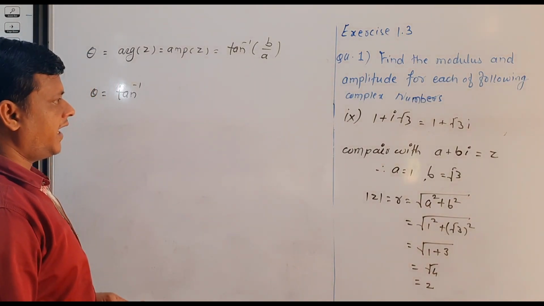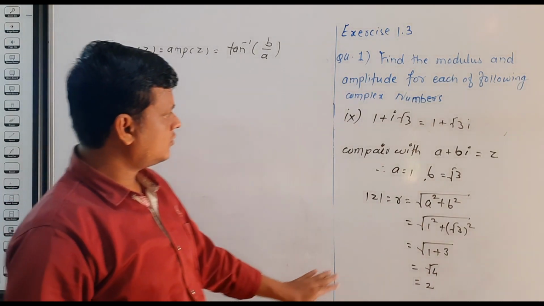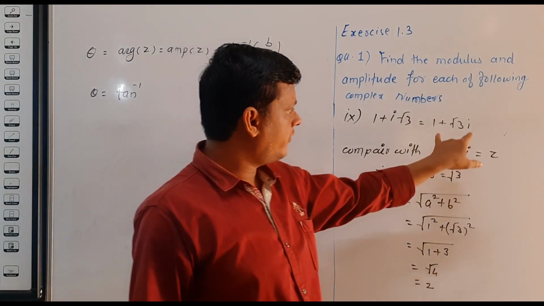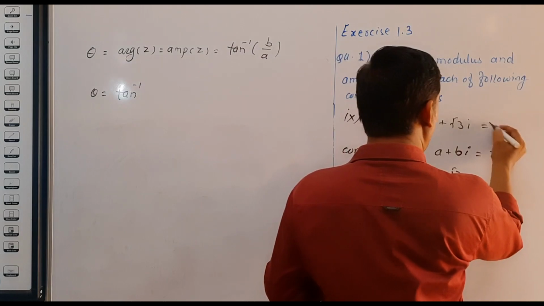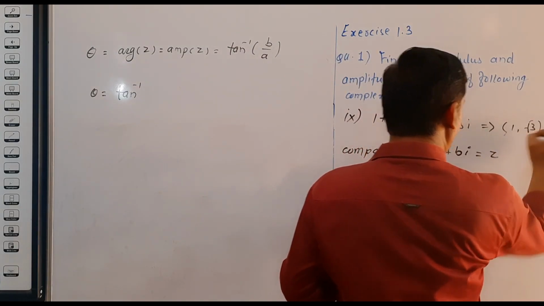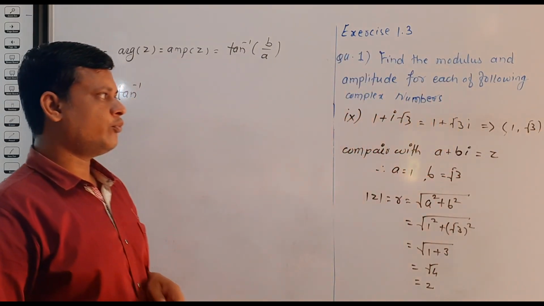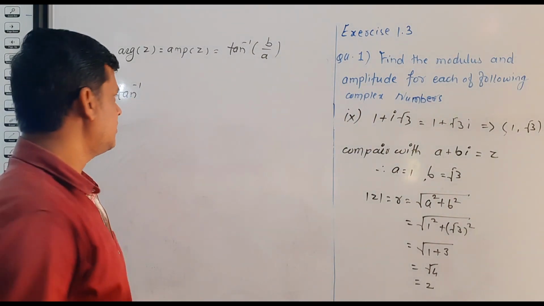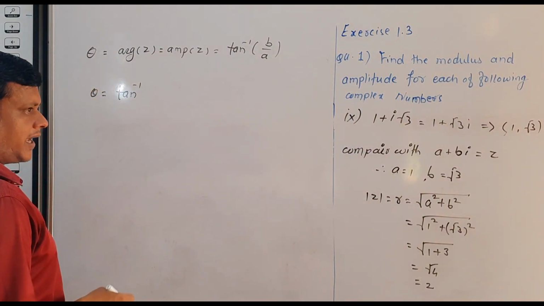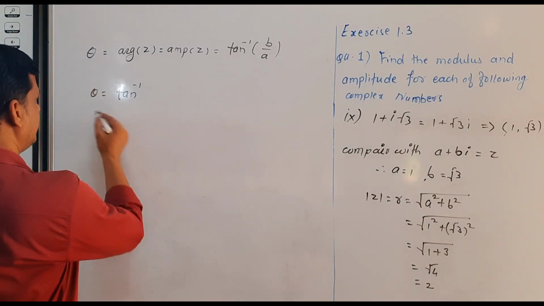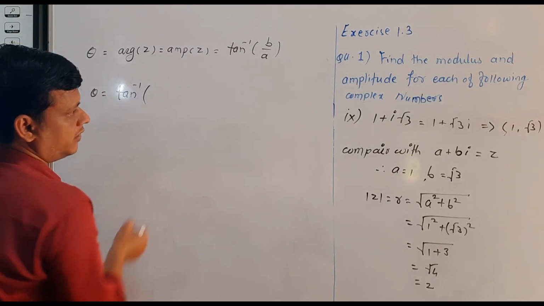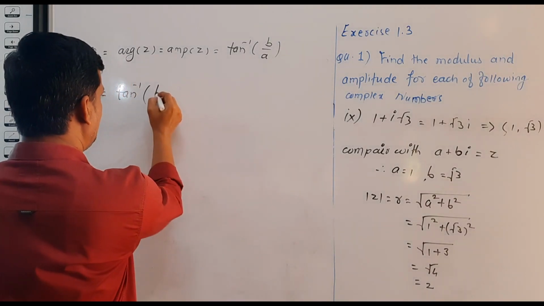Now we have to find the angle. So first we see in which quadrant this point lies. So we write this as the ordered pair (1, root 3). So the point lies in the first quadrant. So for the first quadrant, the angle lies between 0 and 90 degree. So we write here theta is equal to tan inverse. The value of b is root 3.